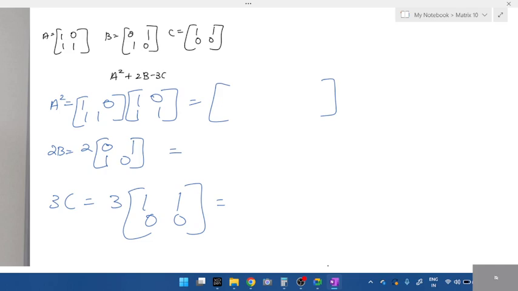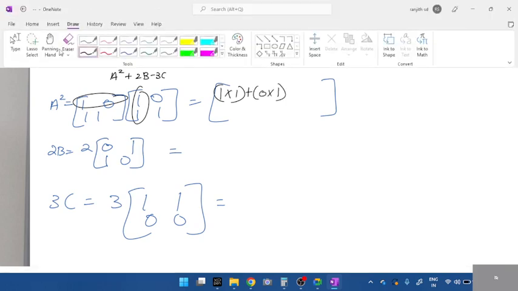Okay, what's the answer? All of you completed? Respond, students. What do you think? 1001. Okay. What do you multiply? The first row, first column, right? 1 into 1 plus 0 into 1.